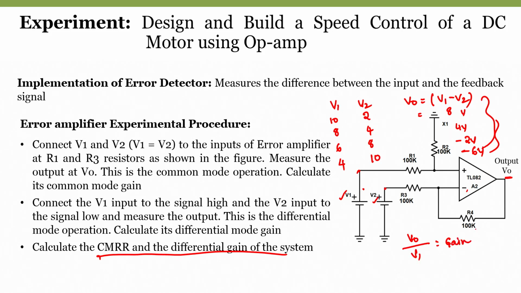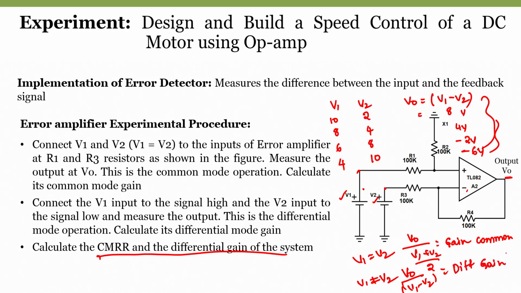When we connect the same signals, V1 plus V2 by 2 will be the common mode gain, because at this point V1 is equal to V2. Now we will take different values of V1 and V2, calculate the output and divide by V1 minus V2. This is our differential gain.